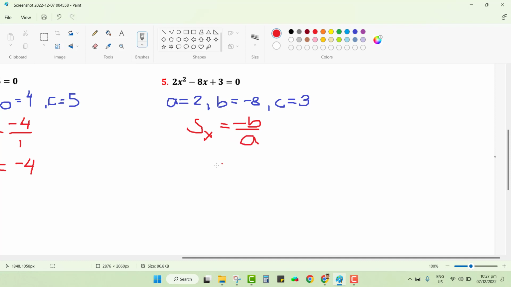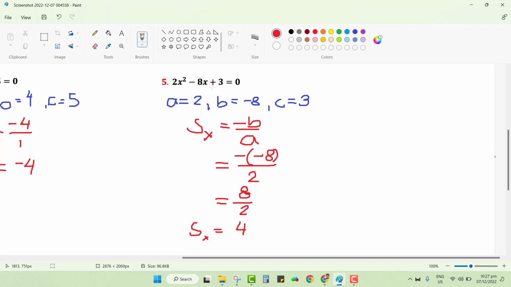Notice that our b is already negative, so again we enclose it in parentheses, over 2, which is the value of your a. So you will have the result of positive 8, using the double negative property, over 2. In short, the sum of the roots of this quadratic equation is positive 4.